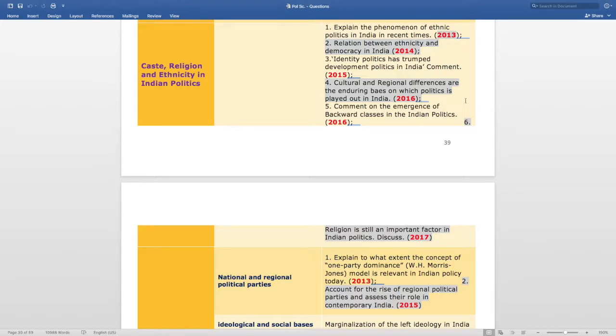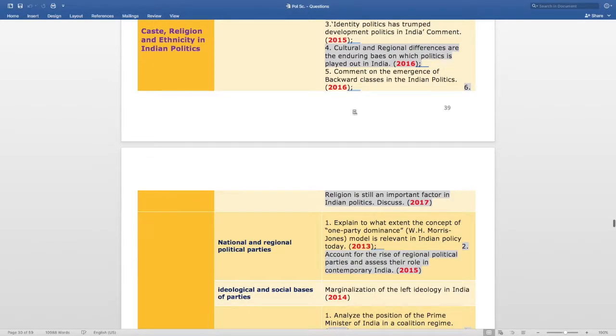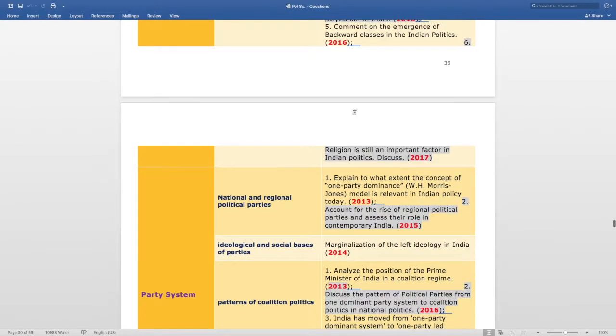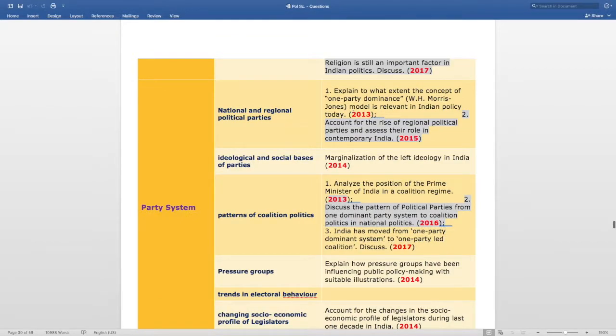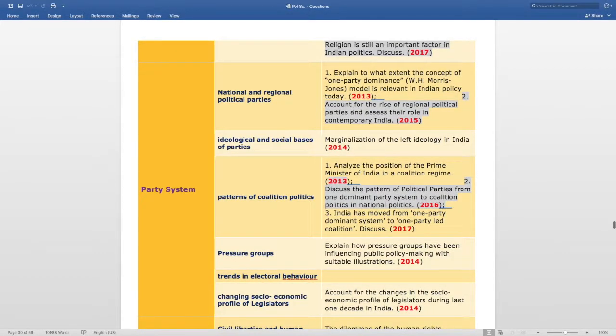Cultural and regional differences are the enduring basis on which politics is played out in India. 2016. Comment on the emergence of backward classes in the Indian politics. 2016. Religion is still an important factor in Indian politics. Discuss. Asked in 2017.